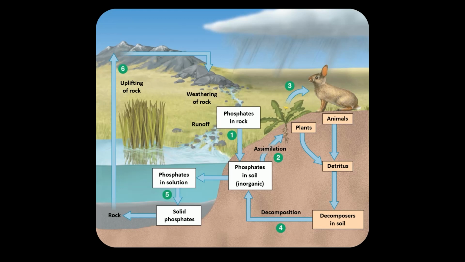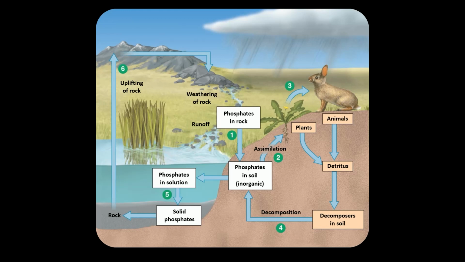New phosphates become available when uplifting of rock creates new mountain ranges, which then can begin the process of weathering and erosion over again, which then delivers new phosphates to floodplains below, to ecosystems below. And then it's the plants and animals that are able to take that phosphate and spread them to other ecosystems. And so the cycle continues on and on and on.